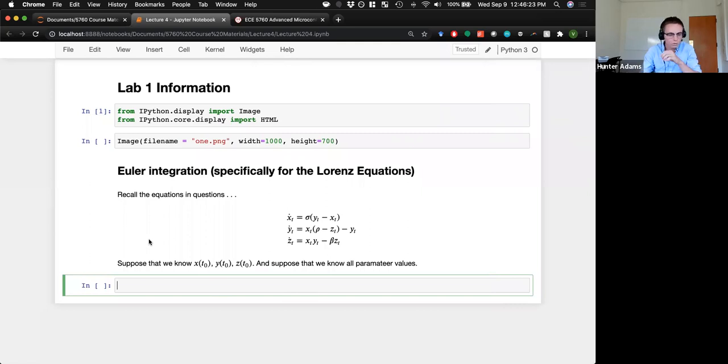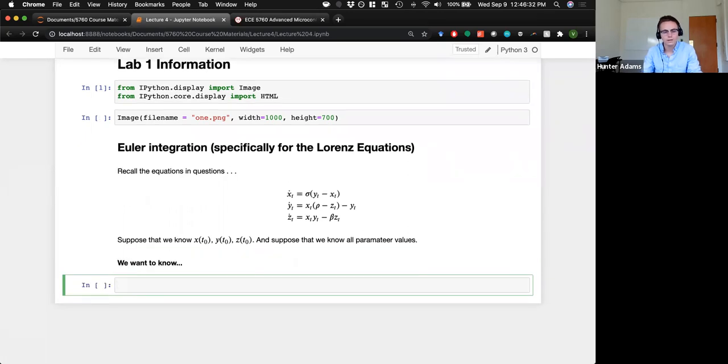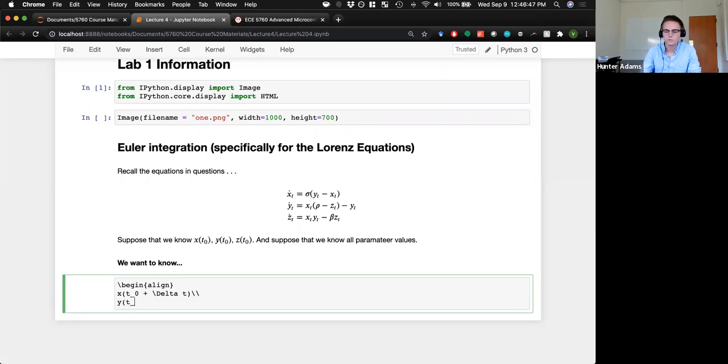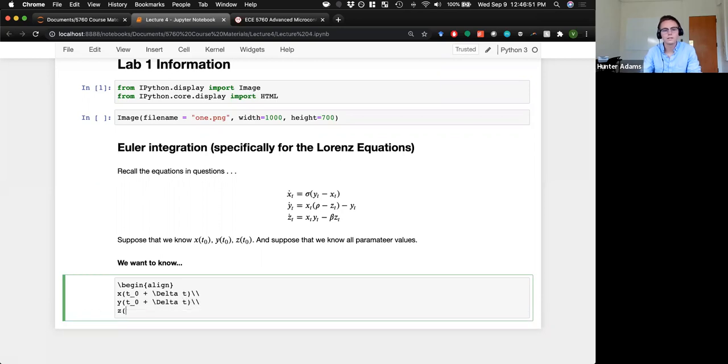What we want to calculate then is, so we want to know the following, which I'll put in their own separate block: x at t0 plus some delta t, y at t0 plus some delta t, and z at t0 plus some delta t.